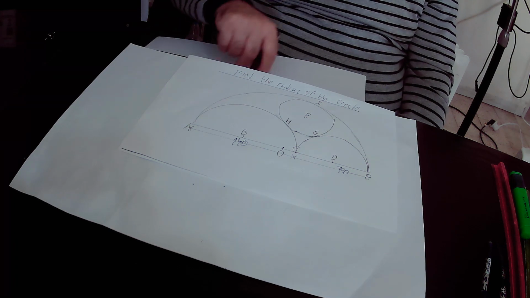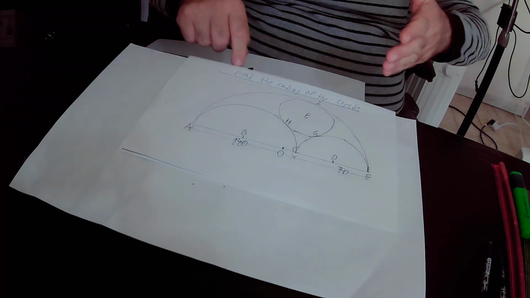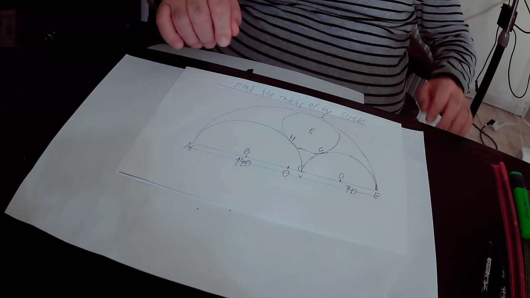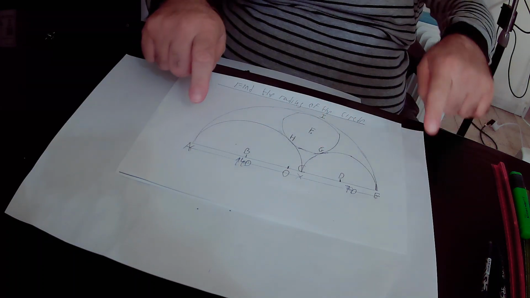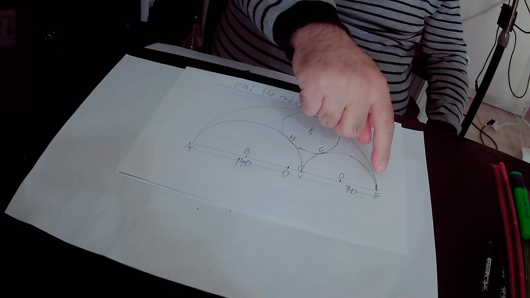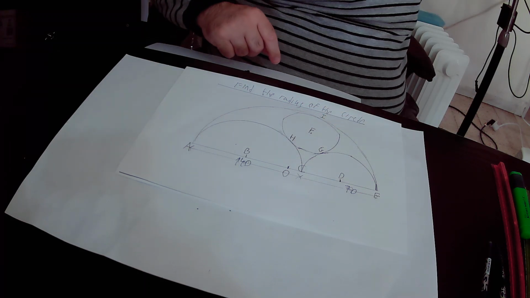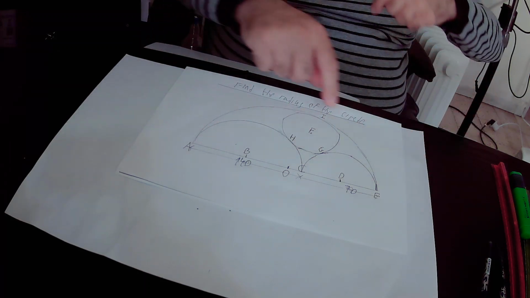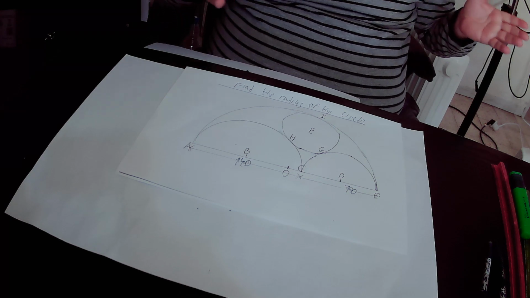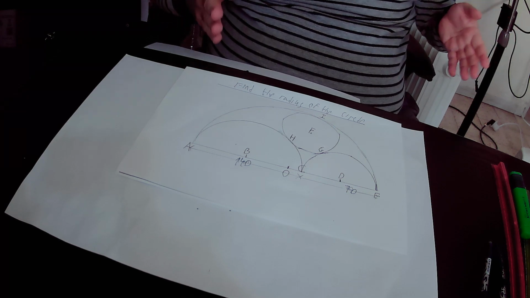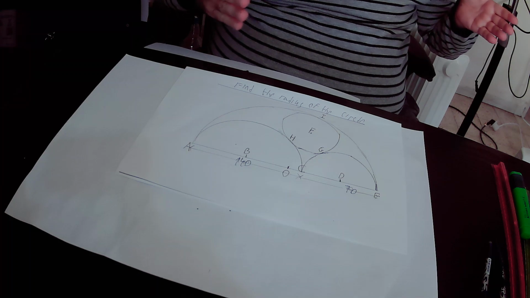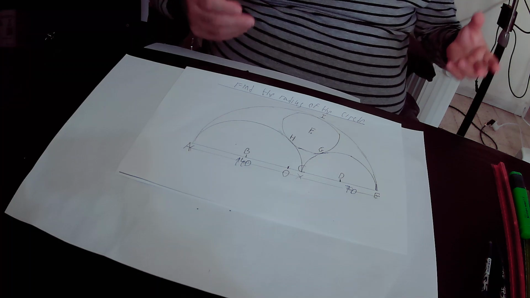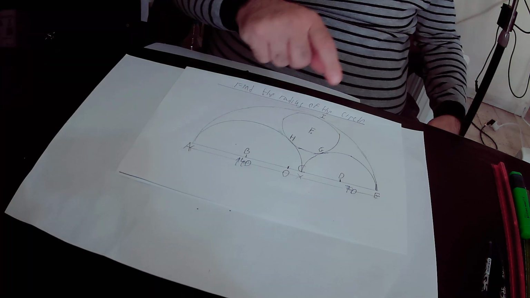But what is actually line segment AE? From the drawing it is very easy to see that AE is the diameter of the biggest semicircle. We know that the diameter of any circle or semicircle is twice as long as the radius.